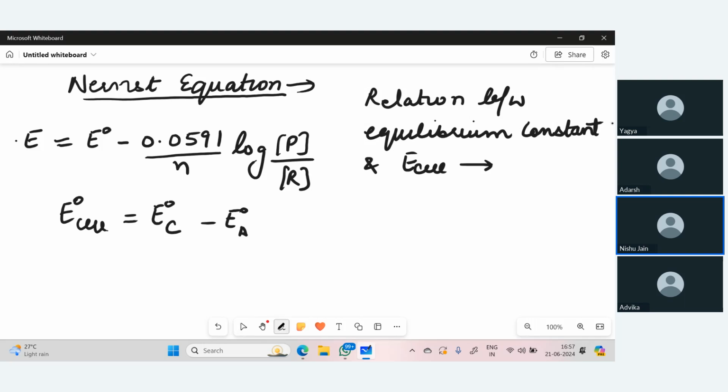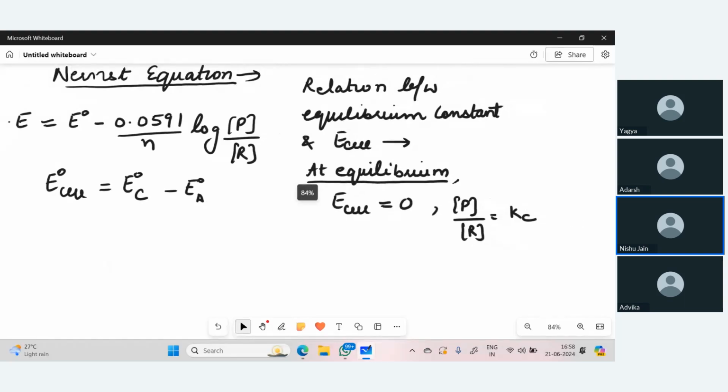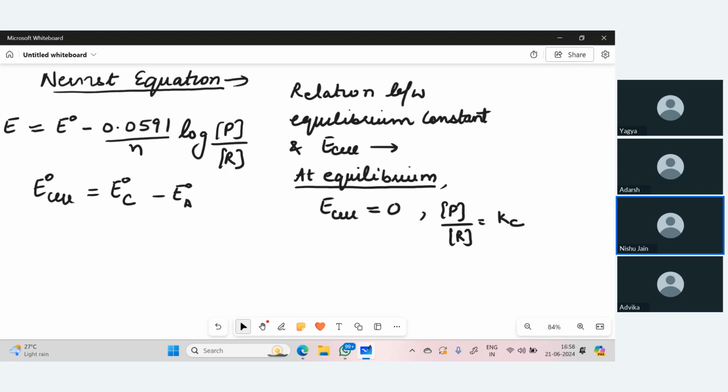When the reaction is at equilibrium, the value of E cell becomes 0. And you know that the concentration of products by concentration of reactants is called the equilibrium constant Kc.